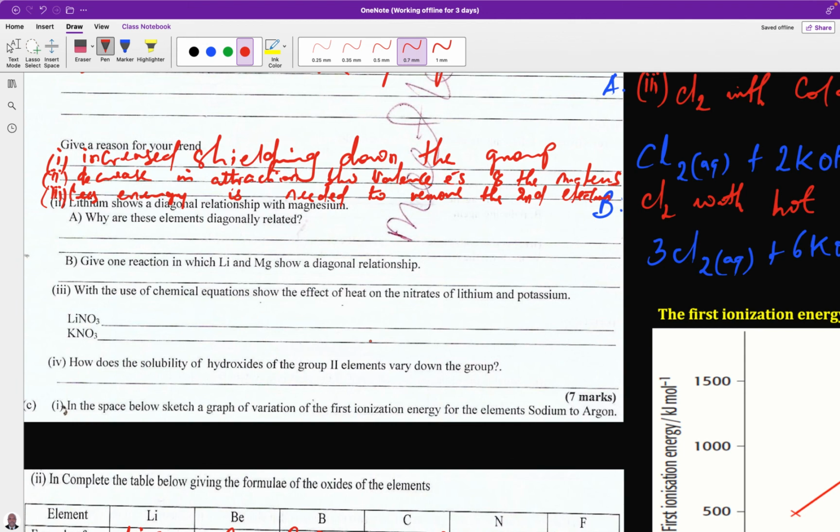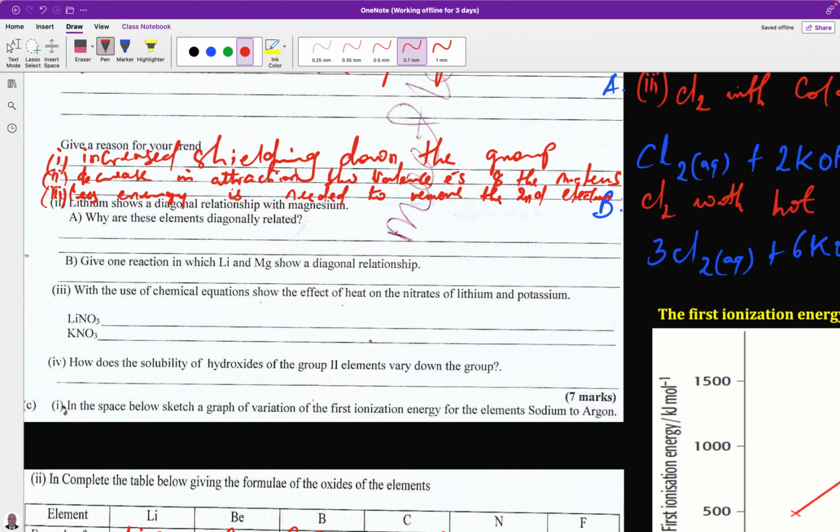Why are these elements diagonally related? They are diagonally related because they belong to different periods of the periodic table.